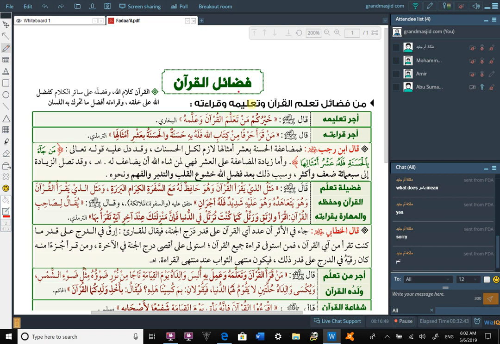Ta'allama is form 5 of ayn lam mim. Wa'allama is form 2. Ta'allama means to learn. Wa'allama means to teach. Khayrukum, the best of you. Man ta'allama al-Qur'ana wa'allamah. The best of you is who learns the Qur'an and teaches it. Any questions?